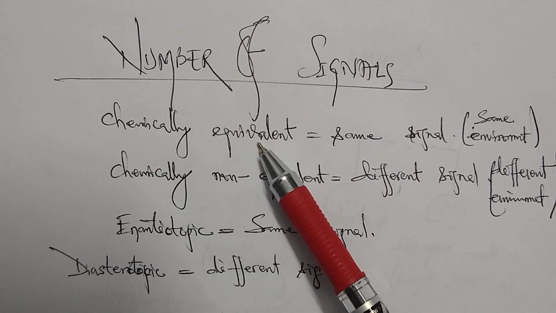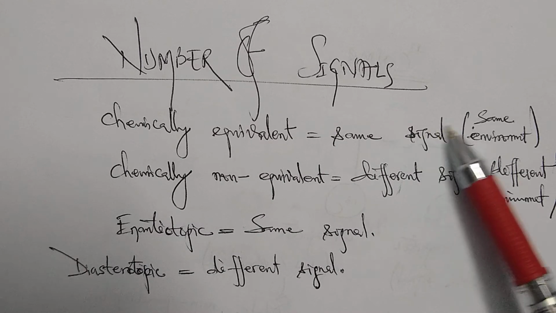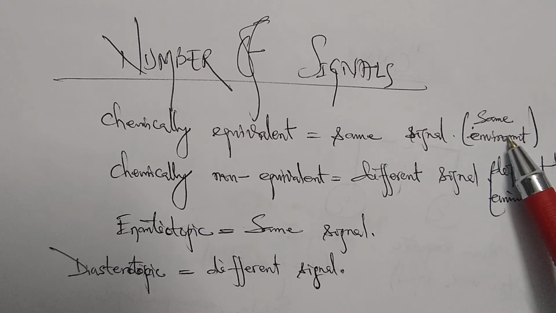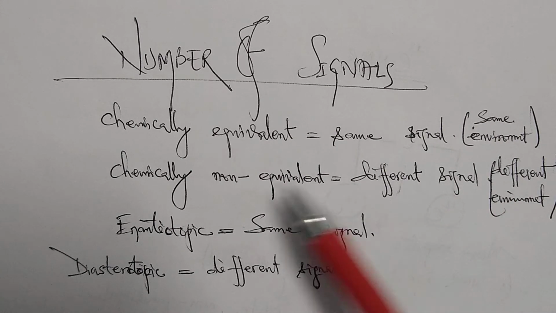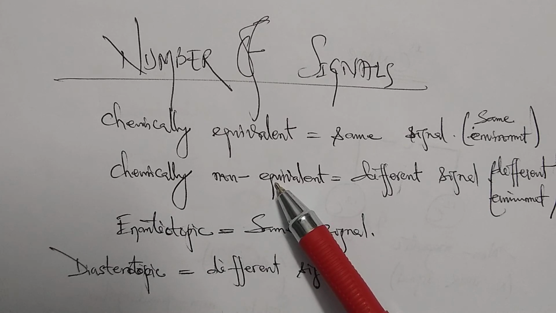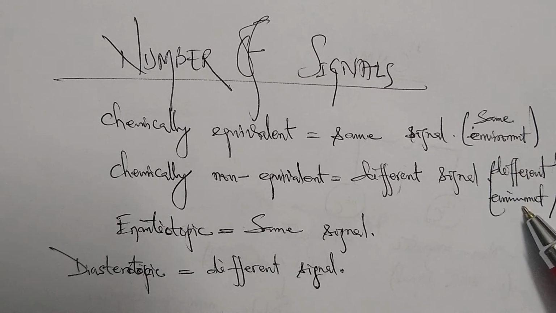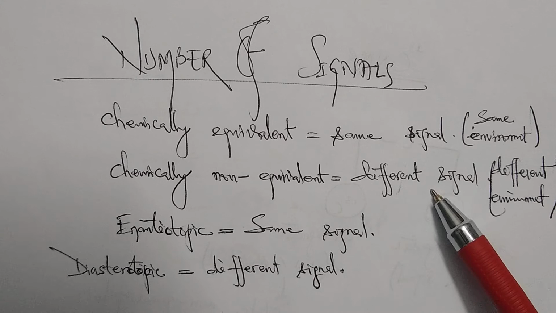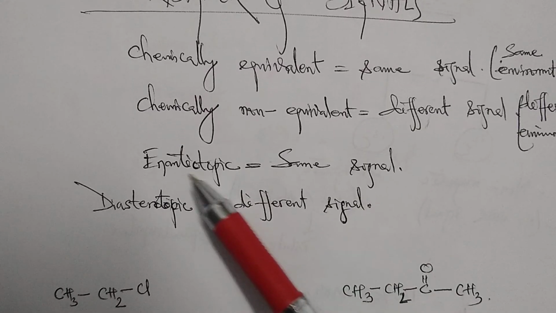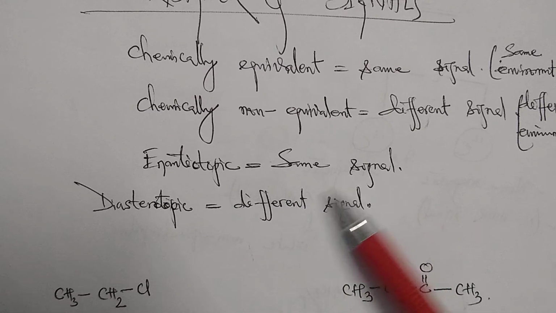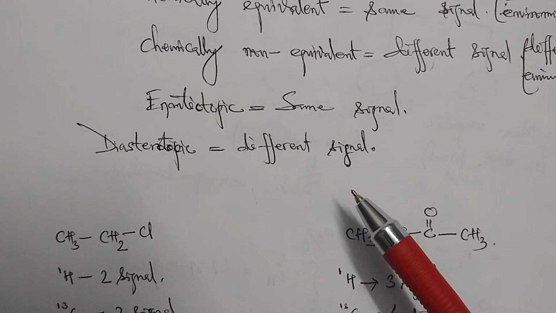Chemically equivalent carbons, those in the same environment, will give the same signal, and chemically non-equivalent carbons, those in different environments, will give different signals. Here also, enantiotopic will give the same signal, and diastereotopic will give different signals.